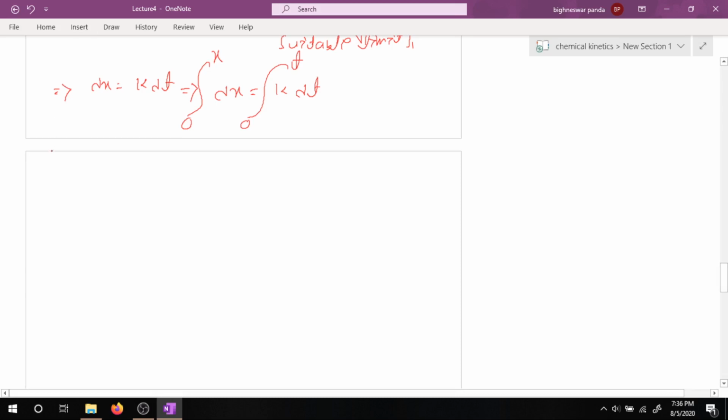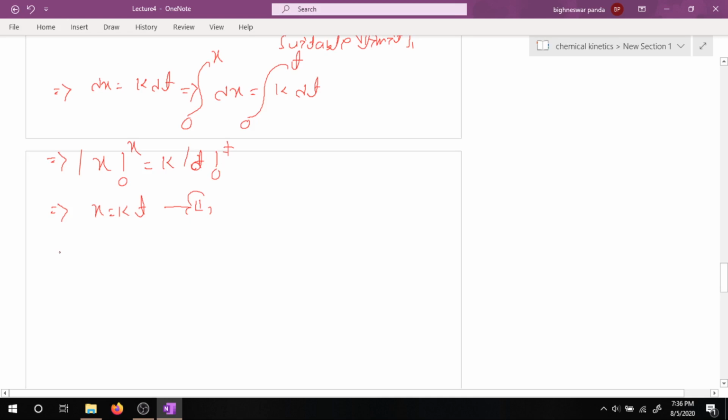By solving this, the integration of dx from 0 to x is equal to K times t from 0 to t, so I get x is equal to Kt, equation 2.